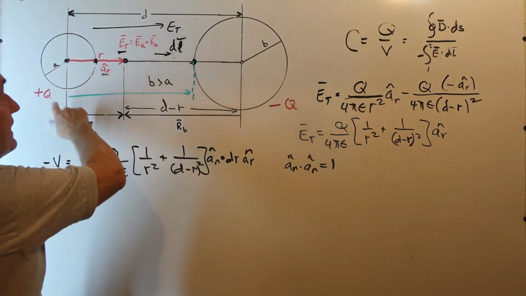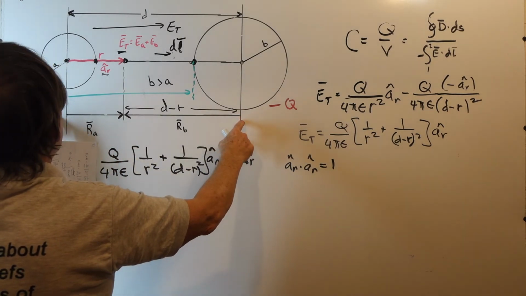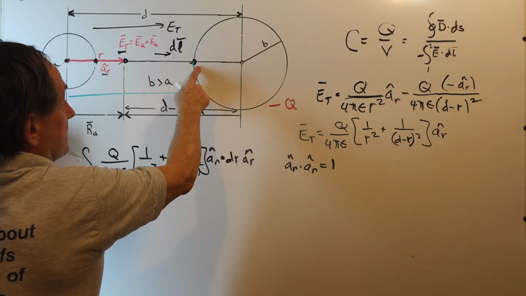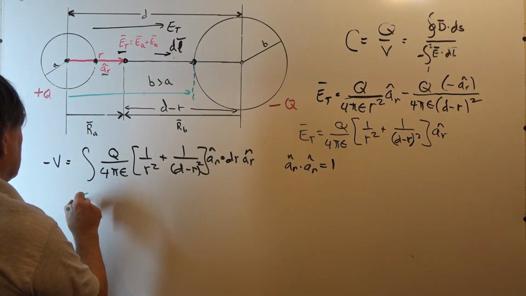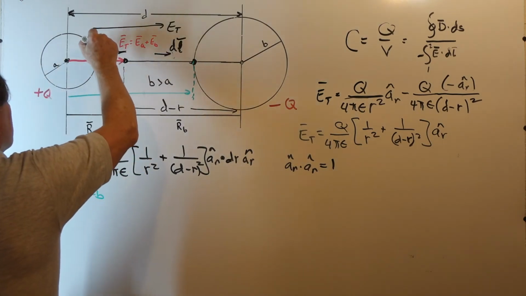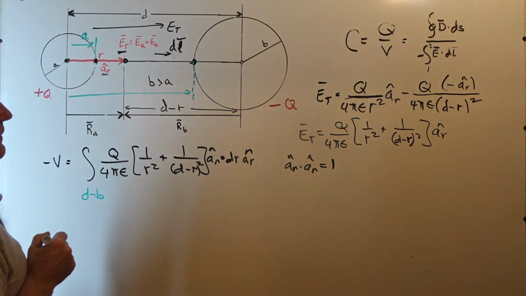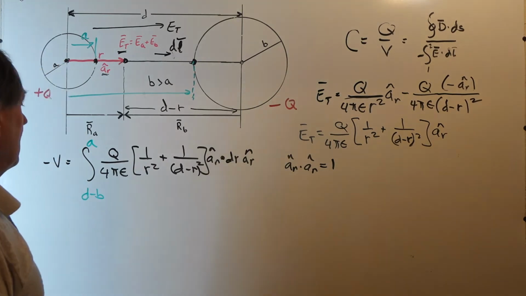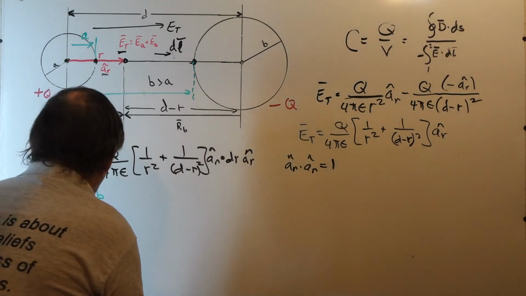What's R equal to at this point? It's the total distance between the centers, which is D, less the radius of sphere B. So this becomes D minus B on the lower limit, and then to get to the surface of sphere A, it's just the radius of A. So we're going to A. So those are our limits. Now I'll rewrite this.